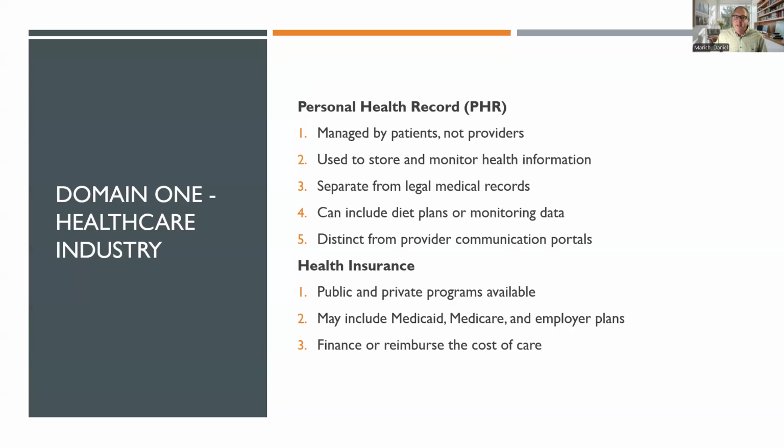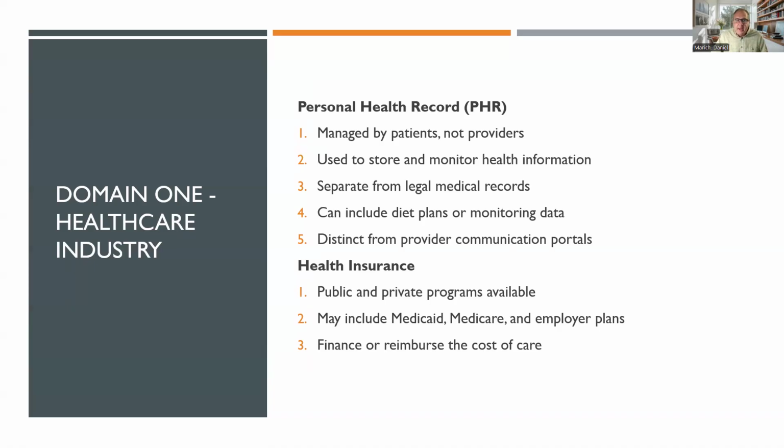So this is managed by the patient, not the provider. So the patient logs in and, excuse me, personal health record. So this is used to store and monitor their health information. They can log in and they can change it. Maybe this is associated with a sports watch or a diet plan, but it's still considered a personal health record.